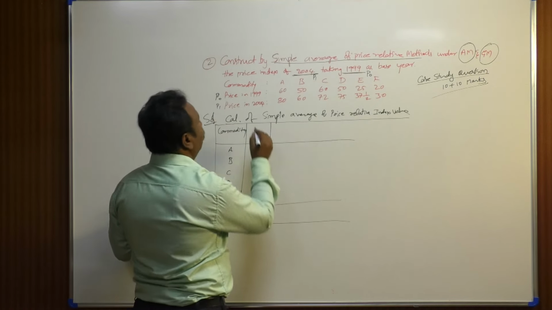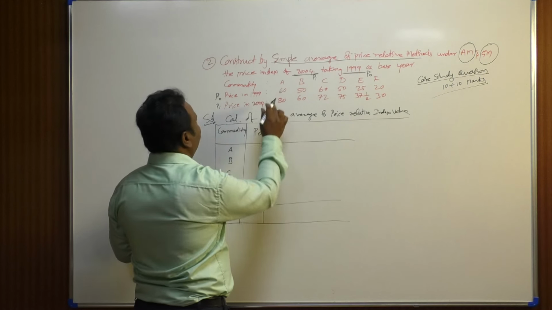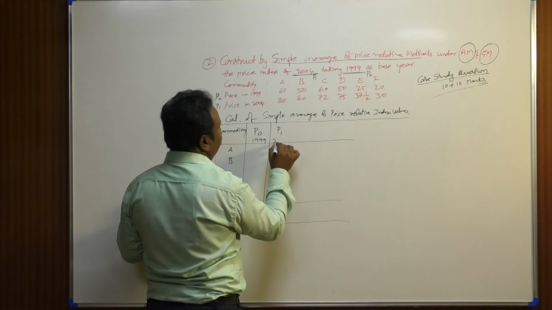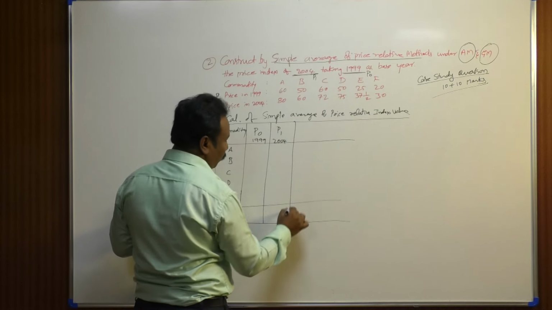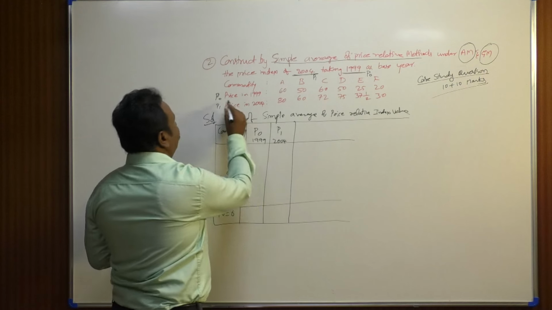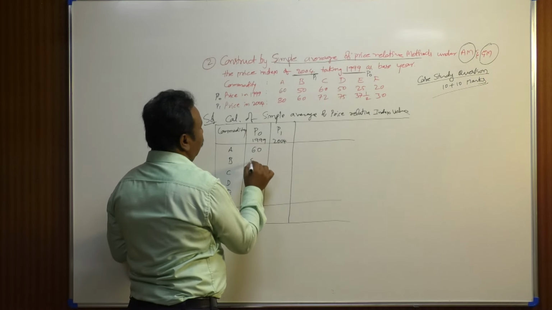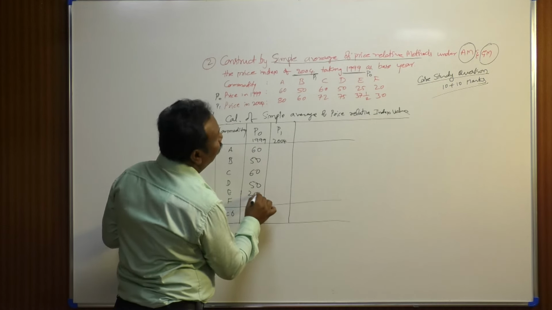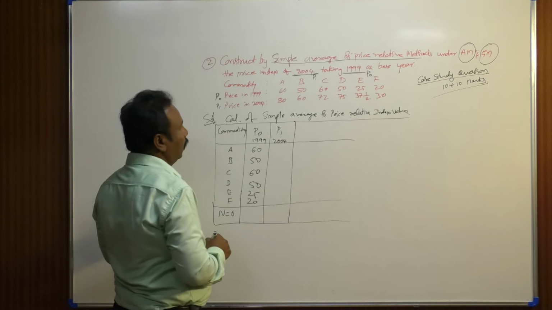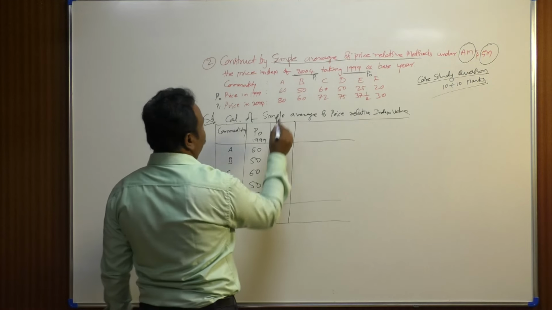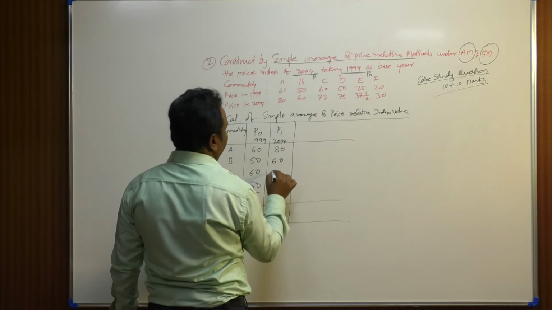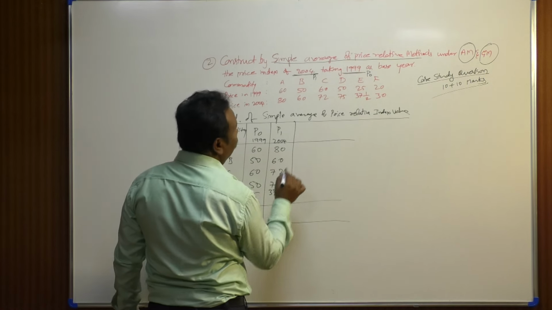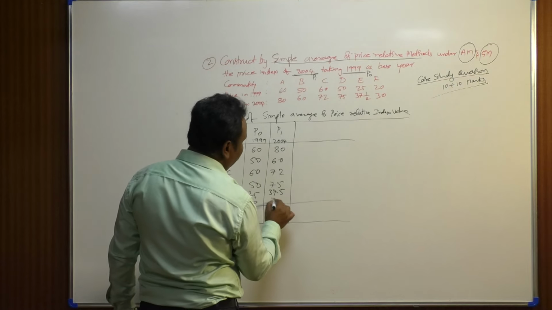Take P0, which is the price in the year 1999, and P1, the price in the year 2004. P0 is 60, 50, 60, 50, 25 and 20. Now the price in 2004: 80, 60, 72, 75, 37.5, and half, that is 0.5, and 30.